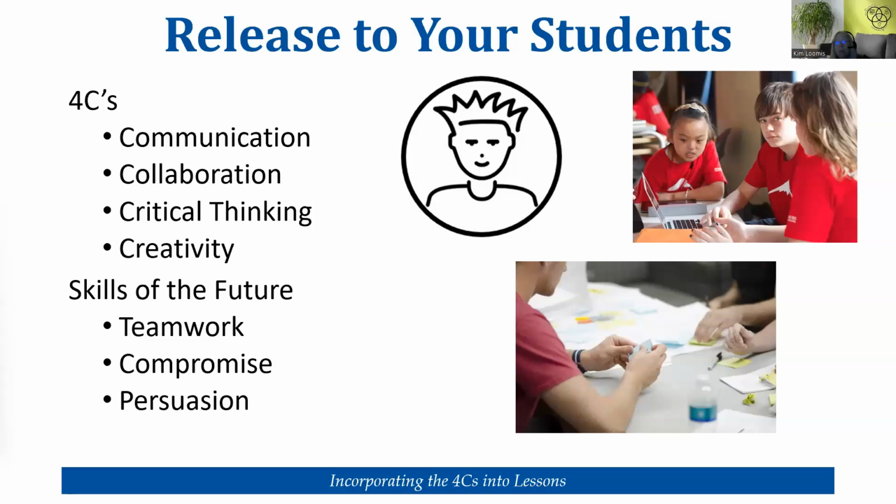On the soccer field or the playing field where they're at. They need to learn how to do teamwork, how to compromise, how to persuade, how to lead. Not just communicate, collaborate, critical thinking, and creativity, but those things become really important.